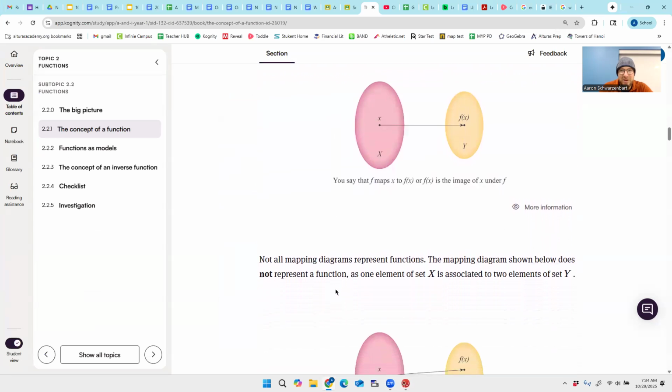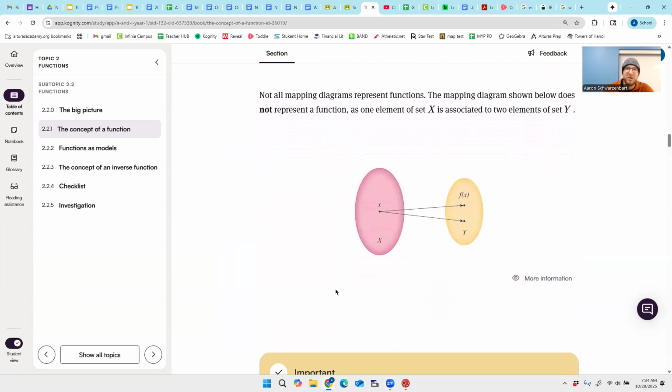A function mapping goes from X to Y. This one, where it goes from one x to multiple y's, is not a function. And you should have at some point seen these bubble diagrams.